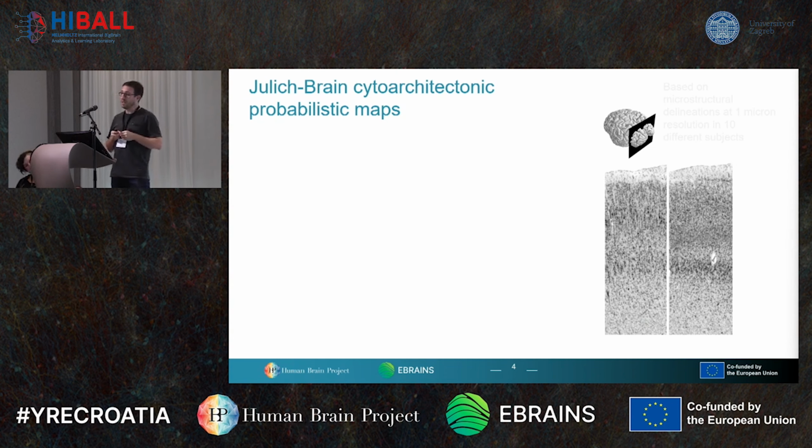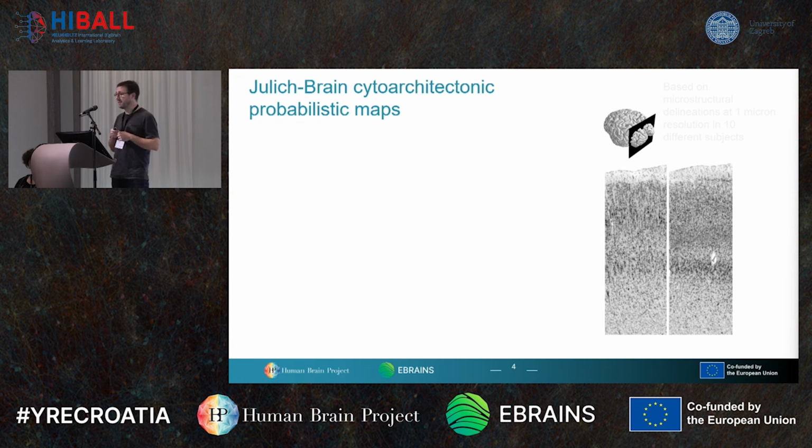And one important ingredient of this atlas is for us cytoarchitecture. So we are building this atlas on the Jülich brain cytoarchitectonic maps, which delineate differences in the structure and the arrangement of neuronal cells. As you can see it here on the right, the differences in the primary and secondary visual cortex.